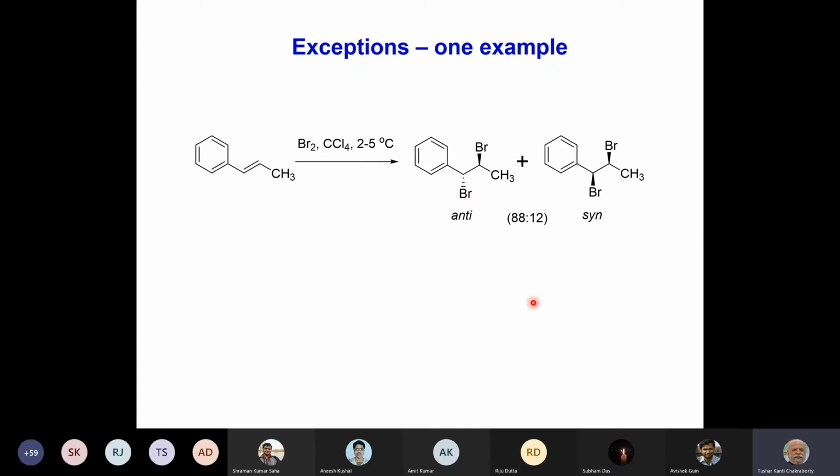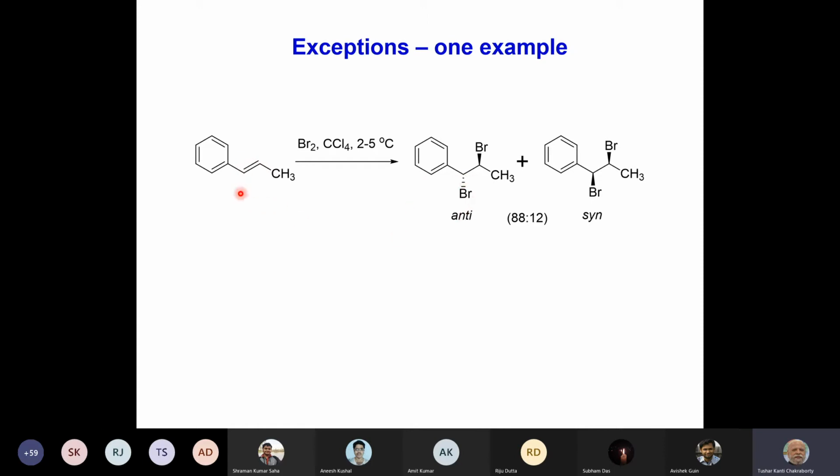And sometimes there could be some exceptions, so I will explain a little bit, but you need not worry about it. This bromination was supposed to have given this substrate in 100% yield. That means you get a bromonium species here, and then this bromide is coming from the bottom.